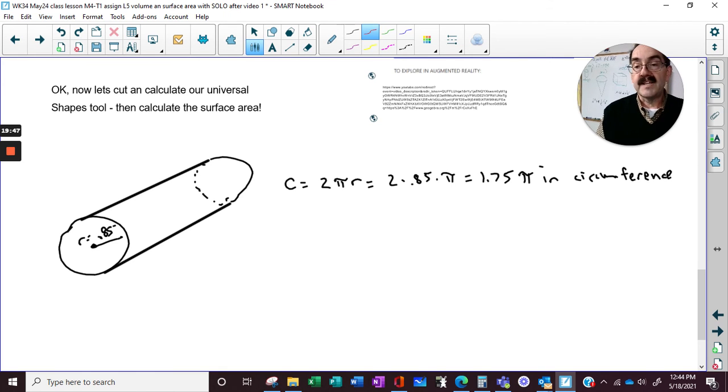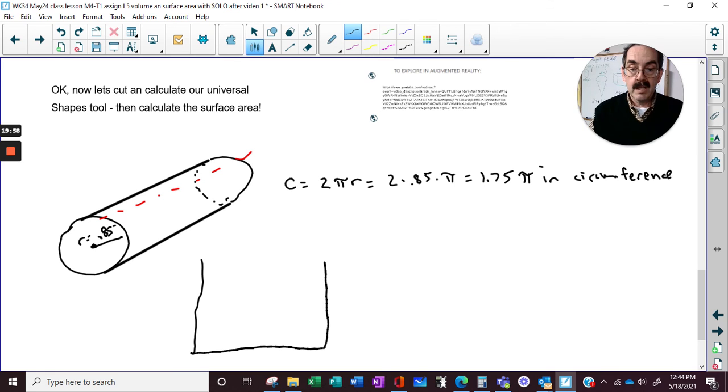So when I slit this and I unfold it, this piece right here is this piece.